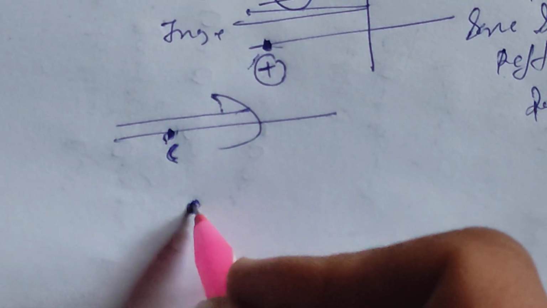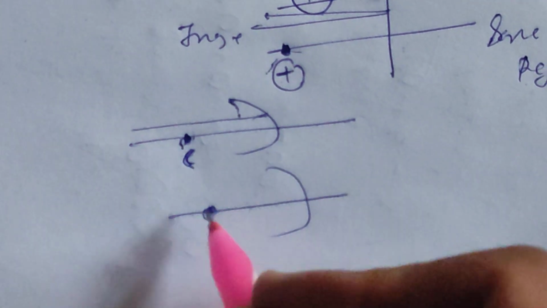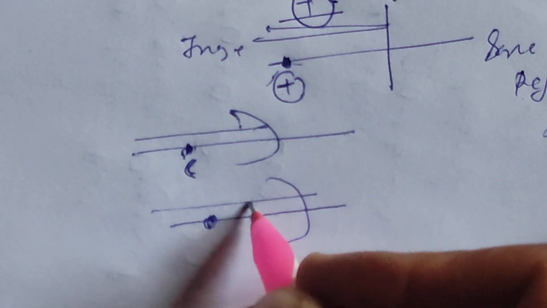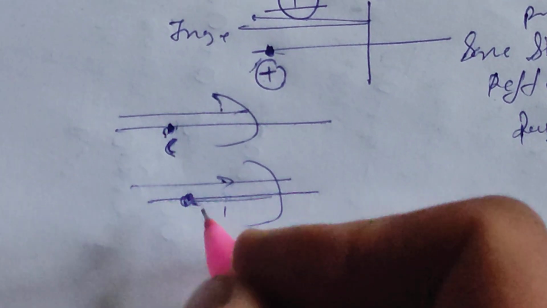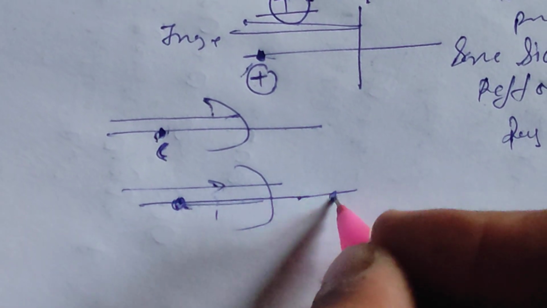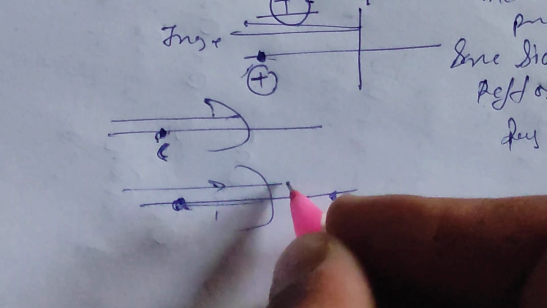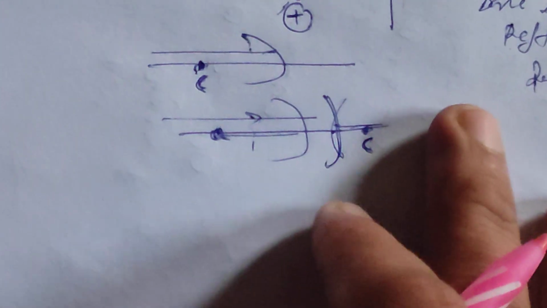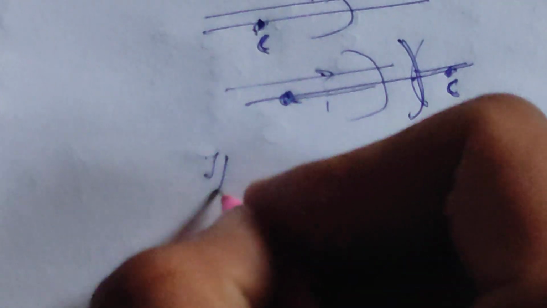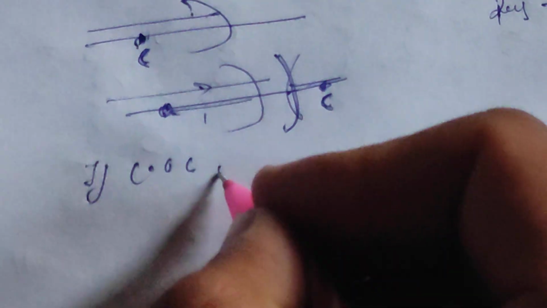If the center of curvature is on the same side as the reflecting surface, where the incident and reflected rays are, then the radius of curvature becomes positive. And if the center of curvature is outside of the surface, like in a convex mirror, the radius of curvature becomes negative.